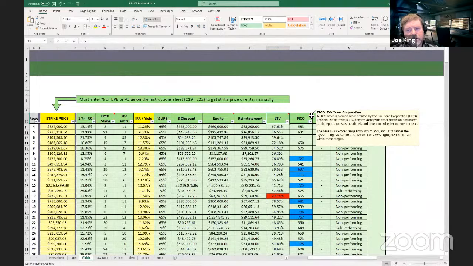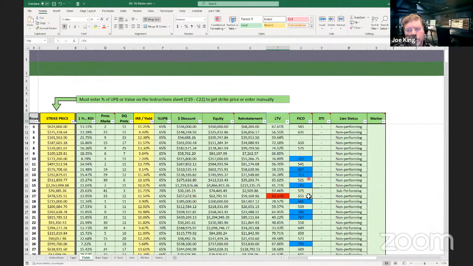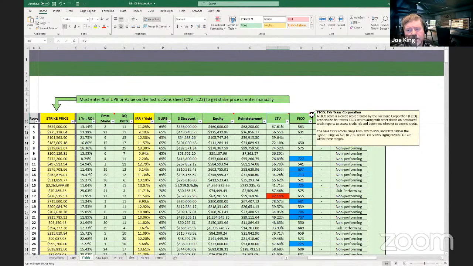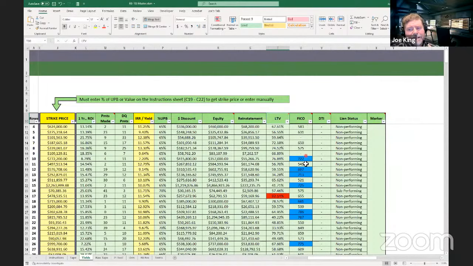So when we do this, all of a sudden we can say, okay, let's only work with those borrowers that have a FICO score between 670 and 739. Now, that's not to say you can't find a good deal anywhere else. That's just to say I'm mitigating my risk further by going with the higher FICO score, knowing that maybe that borrower is going to be in a better position to pay.